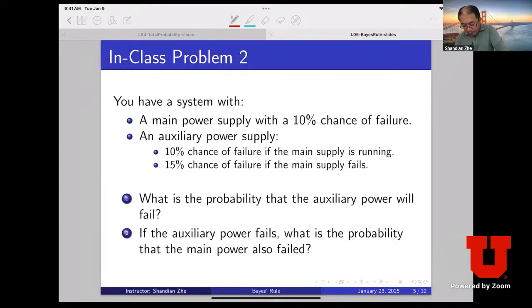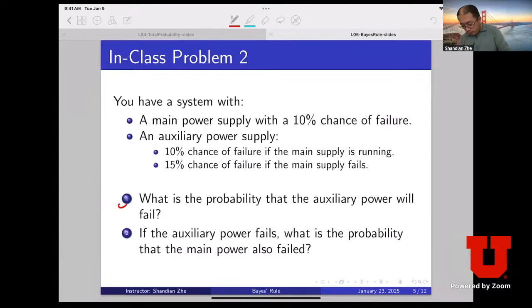Okay, so previously we have shown how to compute the probability that the auxiliary power will fail. We can use total probability, right? We have discussed that in the last lecture.